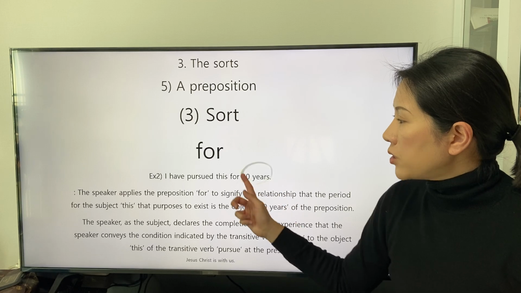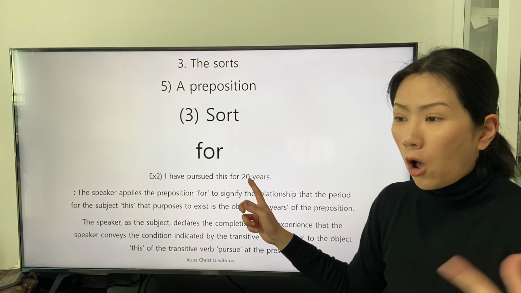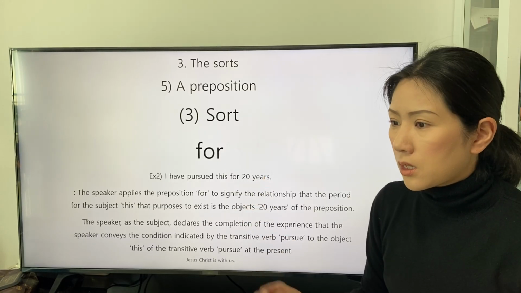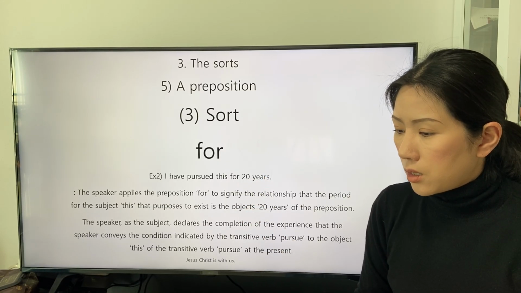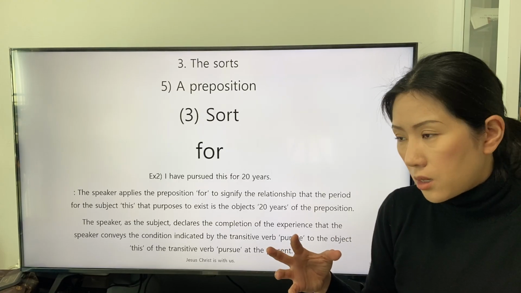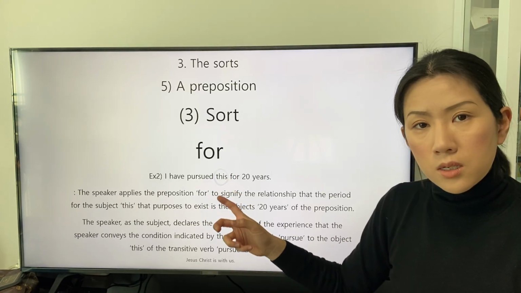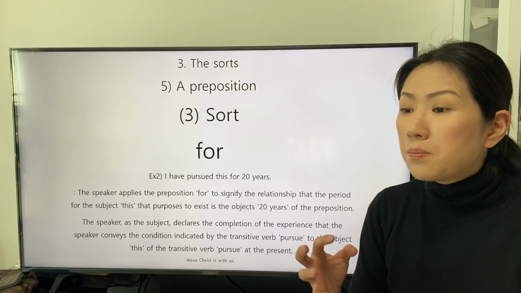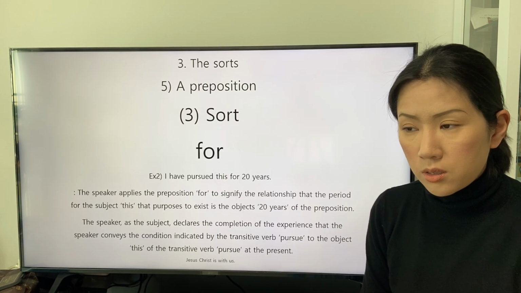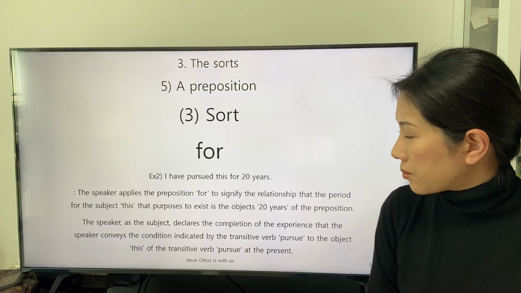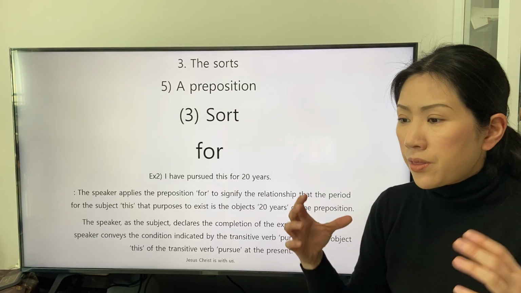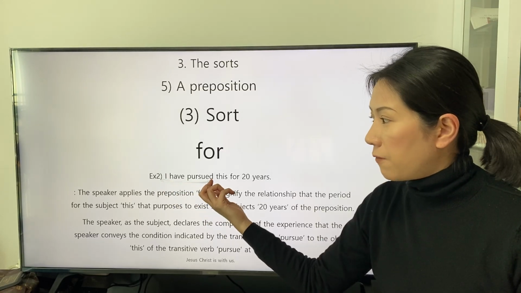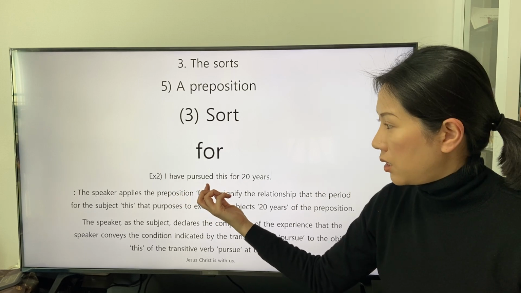The object of the preposition for, 20 years, describes the subject, the purpose of the subject has accomplished, during the same period revealed by the experience of the speaker as the subject in this clause.